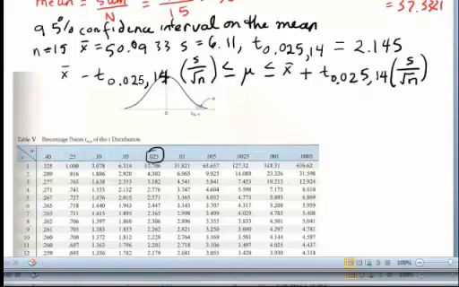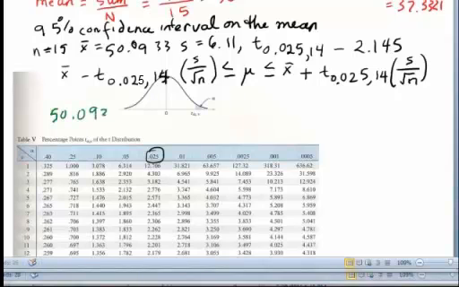And now plugging in actual numbers, we'll say that we've got 50.0933 minus 2.145 times 6.11 over square root of 15.